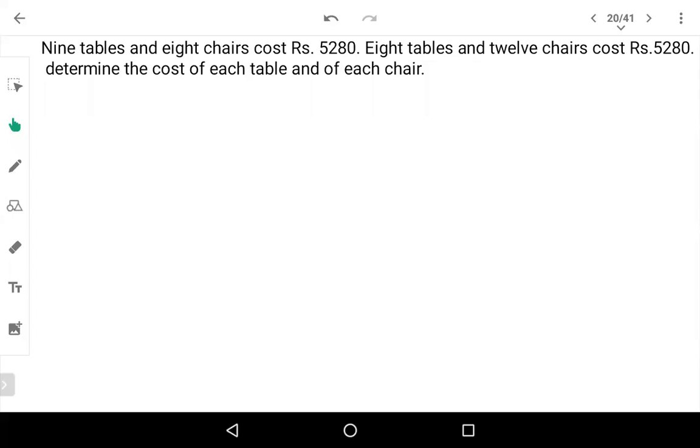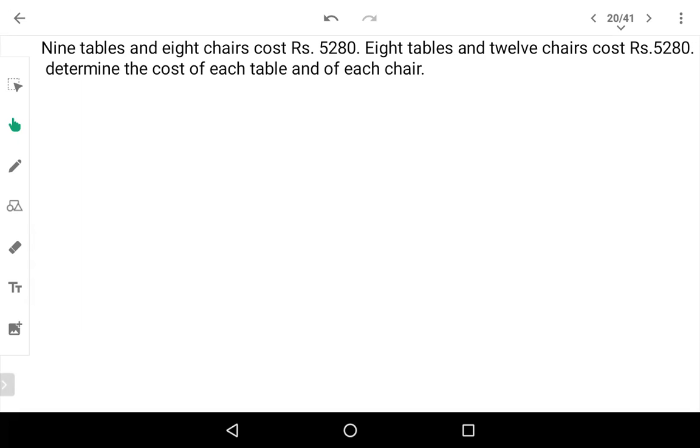Now here, be careful with the punctuation. You have a full stop here, you have a full stop here. In a few places, you can get a comma also. So while reading, see the punctuation marks and then read. Because if you don't stop in the particular place, you will get confused about the problem.